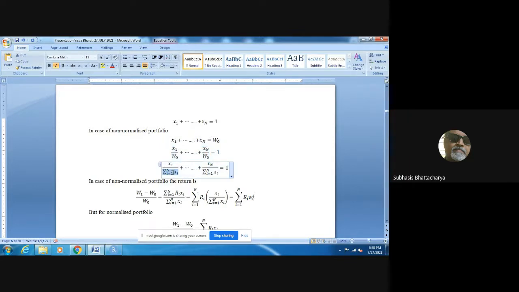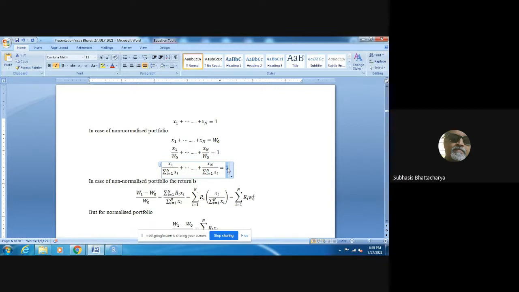This is like some probability definitions: x1 by summation of xi, and so on up to xn by summation of xi, which equals 1. So this is the situation of a normalized portfolio. Mind it, a normalized portfolio means the sum of all the weights is always equal to 1.